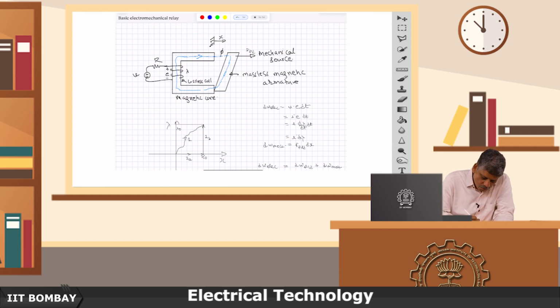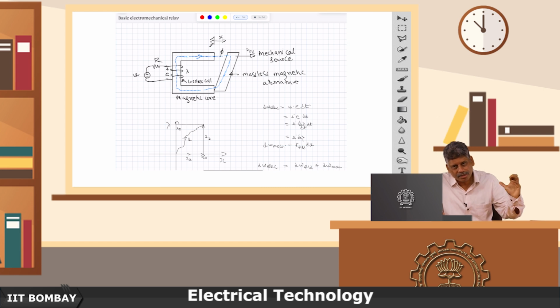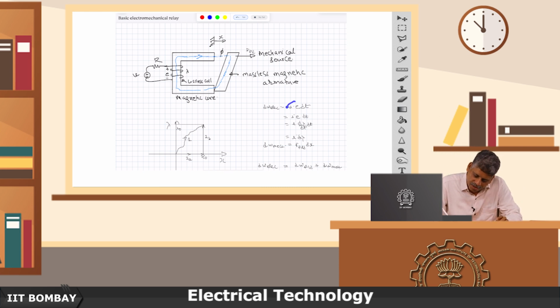So, the current which is flowing is I, and the voltage induced, the more correct way to say, is E. So, the power becomes I times E, and for a small amount of time dt, the electrical energy which is pumped into this magnetic system is going to be equal to I E dt.